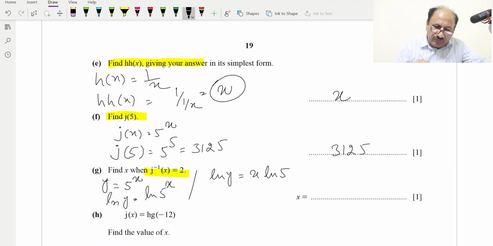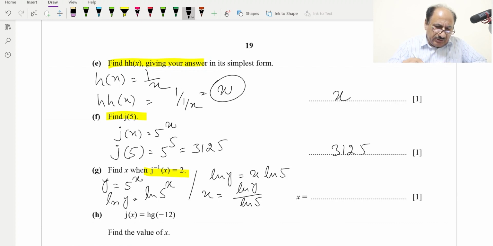We can make x the subject. This will be equal to log of y over log of 5, so x is equal to log of this over log of this.